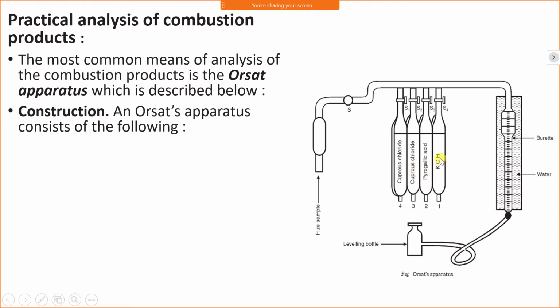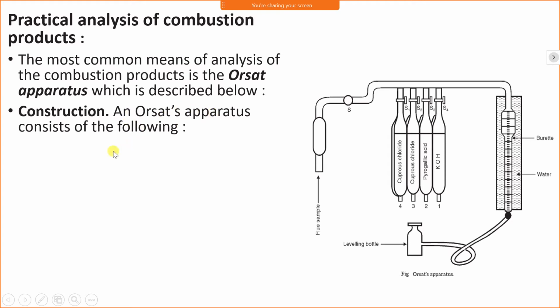The first pipette contains KOH, caustic soda. The second, pyrogallic acid. The third and fourth contain cuprous chloride. All pipettes are connected with a cock, or valve, to open and close the particular pipette.